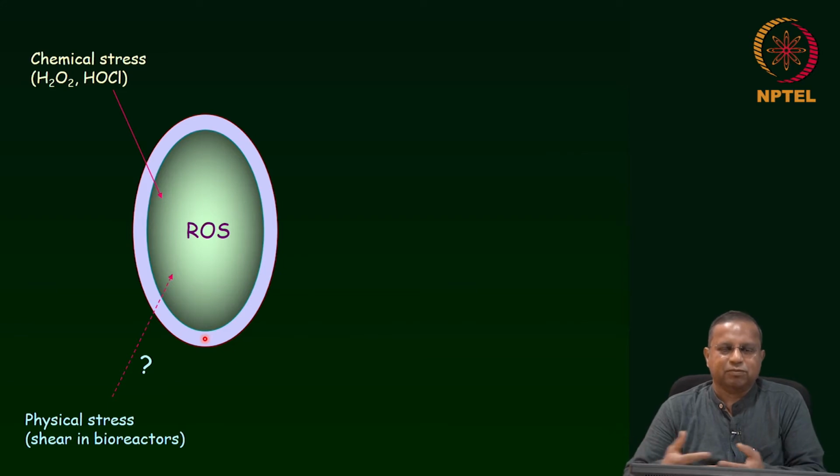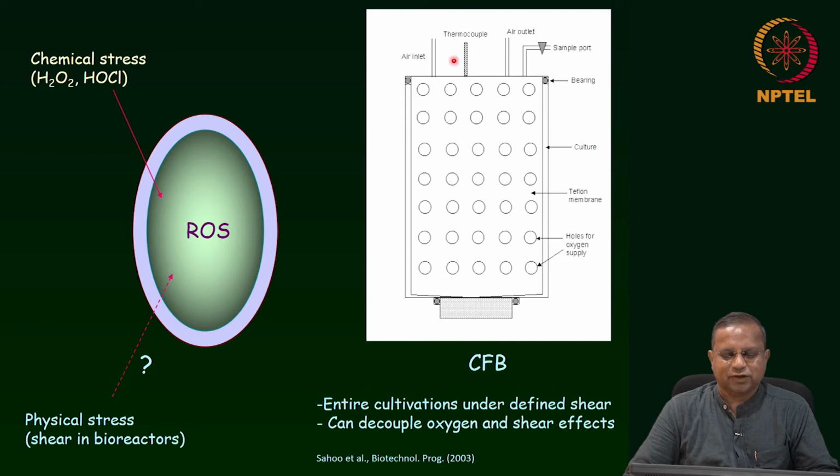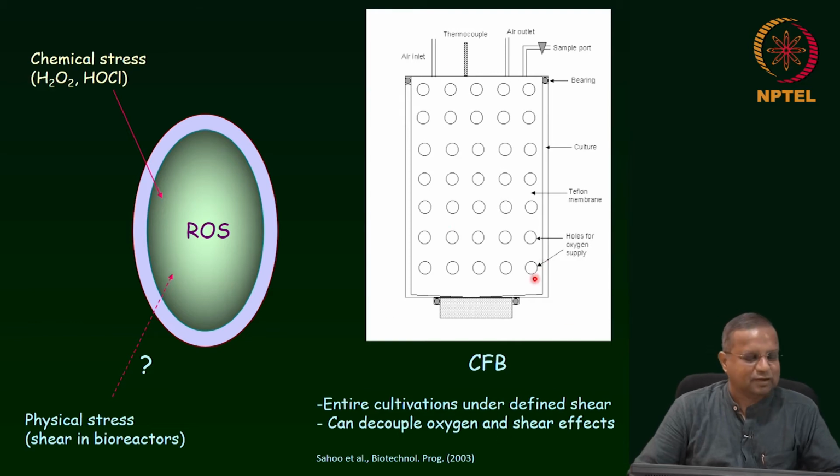That is, we were working on bioreactors at that time, very relevant, and we wanted to see whether they are mediated by reactive species, and that is how we got into this. And as I very briefly mentioned, we had to come up with a means of growing cells at defined shear levels. We had used a device here, something like this.